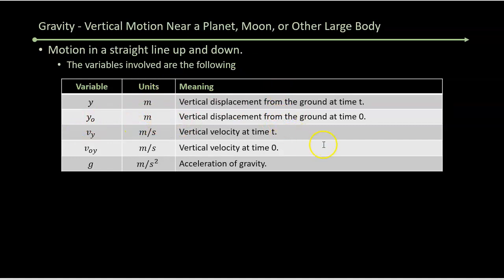These units are meters, of course. Your vertical velocity, up and down, is in meters per second. Your initial velocity at time 0 is v naught y. The acceleration of gravity is g. I didn't put a number here because we could have a problem on another planet or on a moon or around a star, although we're not going to be on a star.